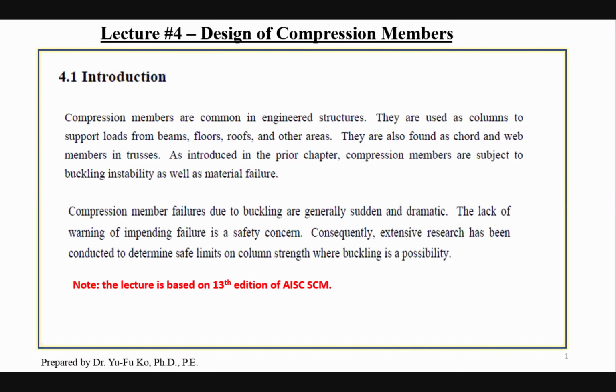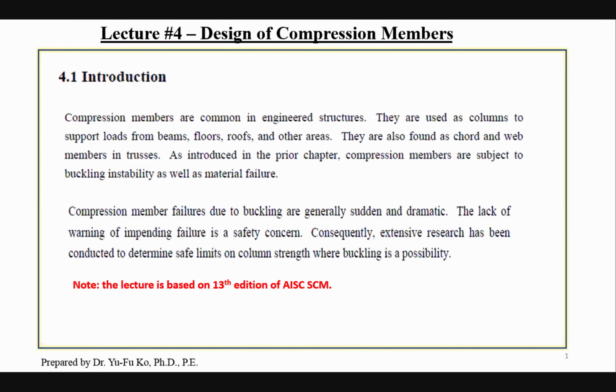to support the loads from beam, from floor, roof, and other areas. They are also found as a core and a web member in trusses. So as introduced in previous chapter, compression member usually is subjected to buckling, instability, and material failure.